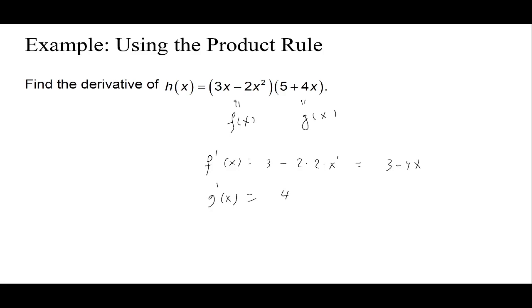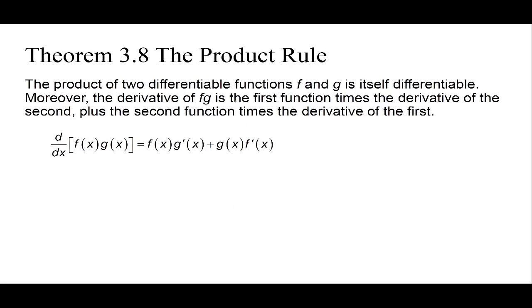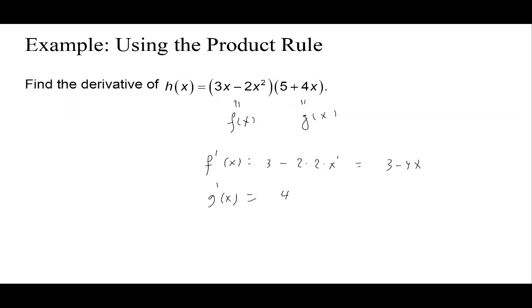So now go back here and plug in the values for f, g prime, g, and f prime. That's how you can find the derivative of h of x. This is the first function times the derivative of the second function plus the derivative of the first function times the second function. Just plug these values back here. What is f of x? 3x minus 2x squared.